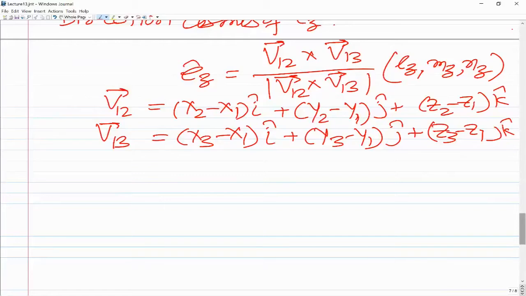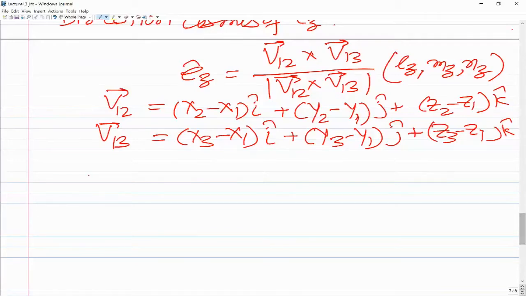Essentially we want two vectors in the xy plane, so we can take 13 or 14. Sometimes we also take the diagonals, so you can take 13 cross 24, that also you can do. Those are different possibilities.